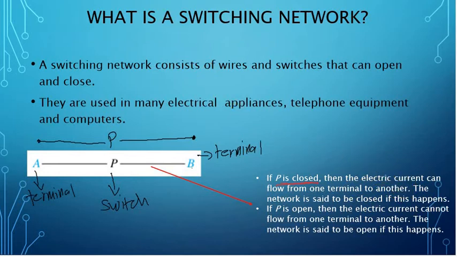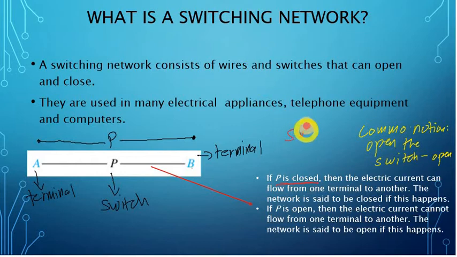Remember, we have a common notion that if we open the switch, then the device is running, which means current is flowing and all that. However, we are talking about switching theory, which is the theoretical study of a switching network.